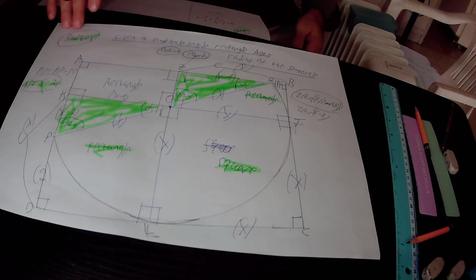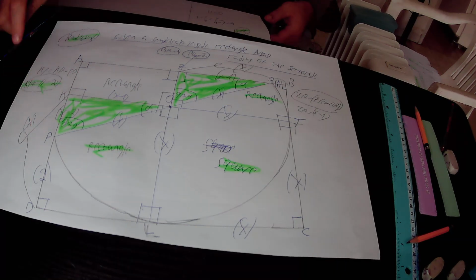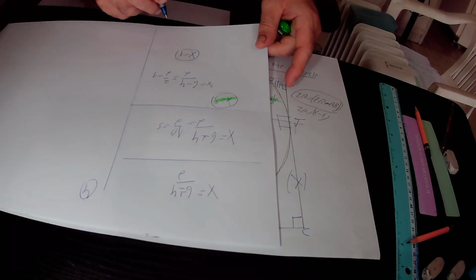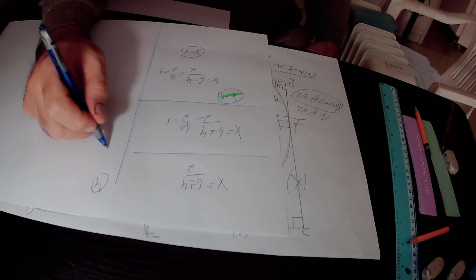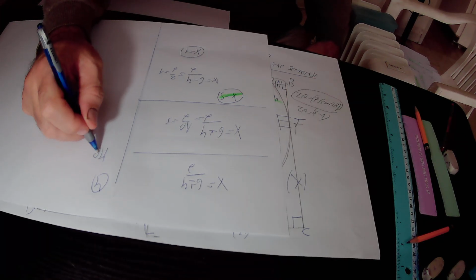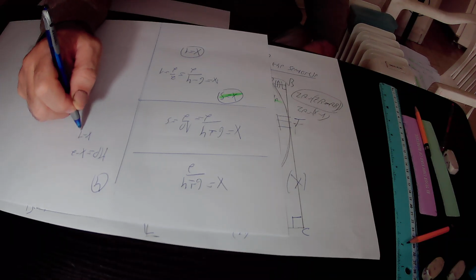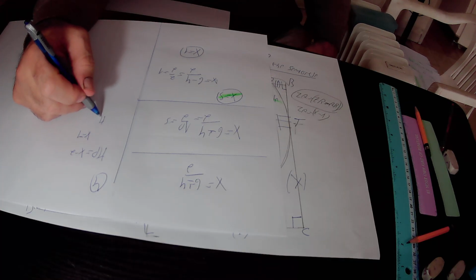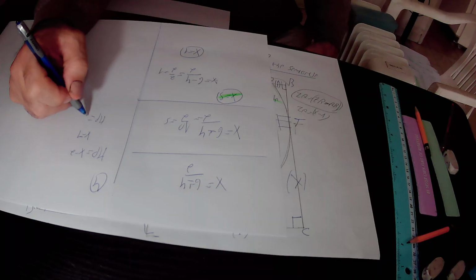because line segment KP equals x minus 2, according to what we already found out. If x equals 1, then KP equals x minus 2, that is 1 minus 2, that is minus 1.